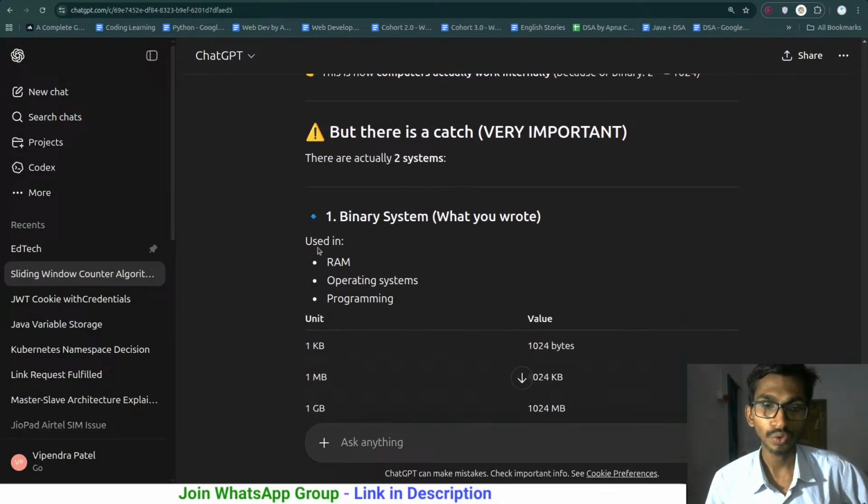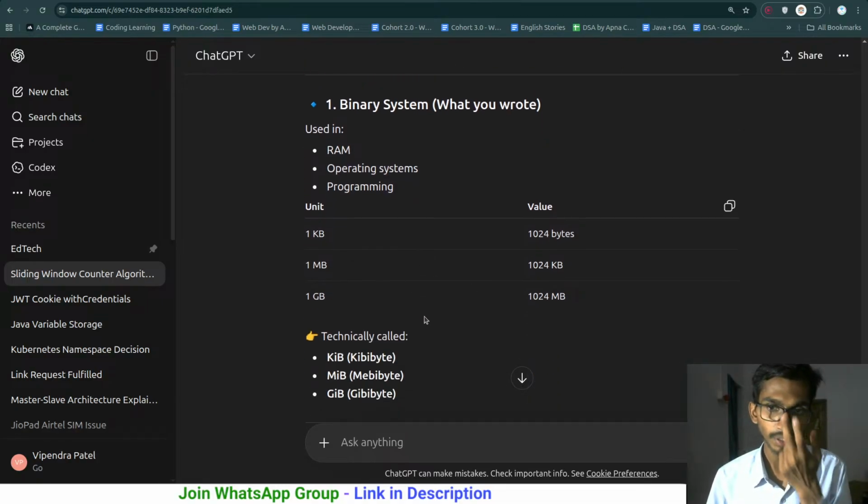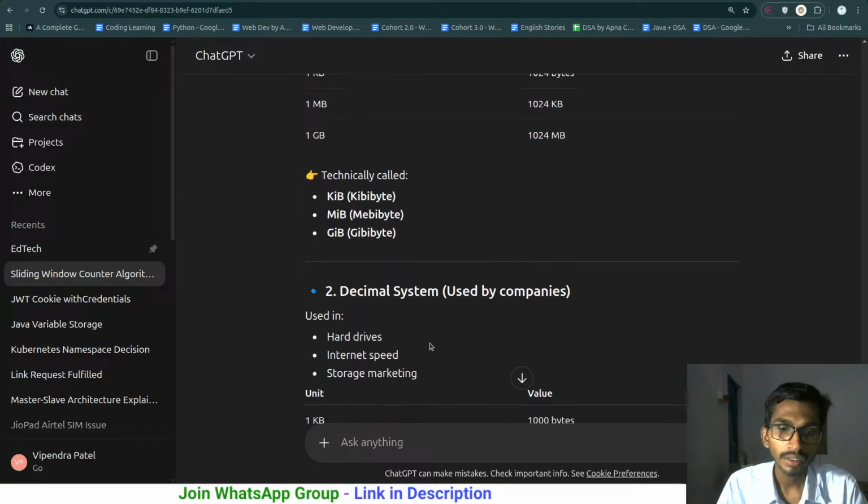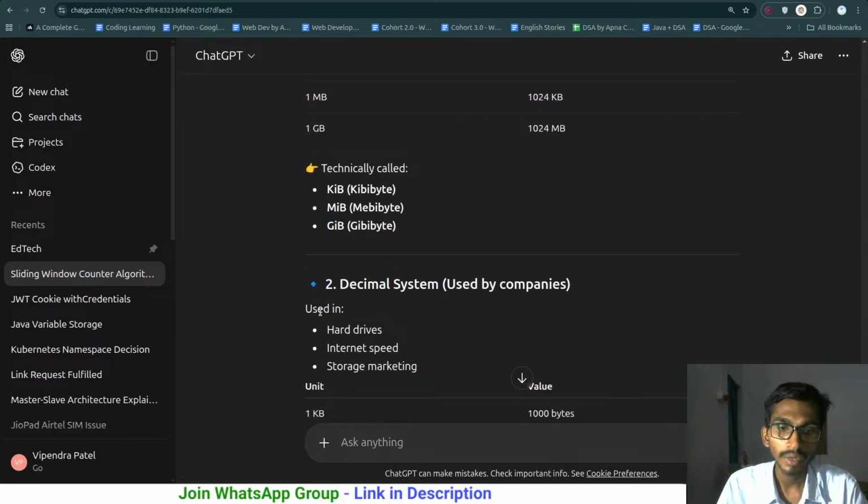The binary system, which you wrote, is used by RAM, operating systems and programming, technically called KiB, MiB, GiB. The decimal system is used by companies, hard drives, internet speed and storage.